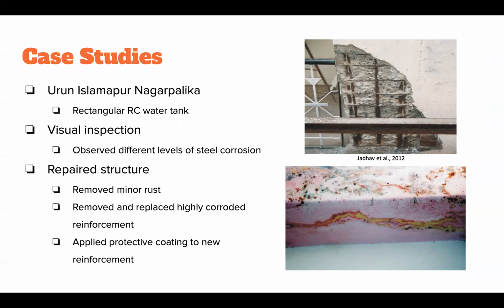Next, we have the 60-year-old rectangular reinforced concrete water tank built over the terrace of an office building that was constructed in 1915 in India. Visual inspection was performed to observe different levels of steel corrosion.